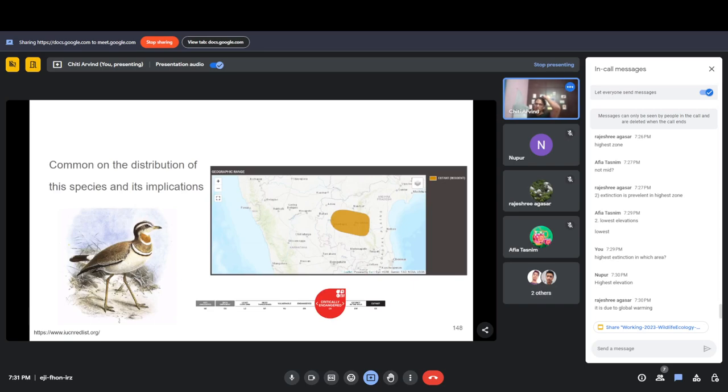All right. So here you have the distribution of a particular species. Can someone tell me which species this is, if you know? Do you know what species is shown out here?